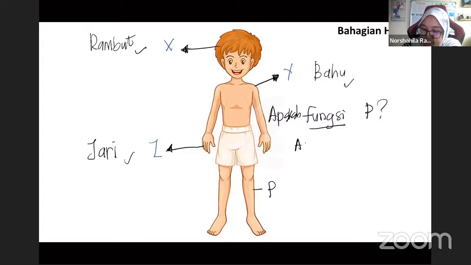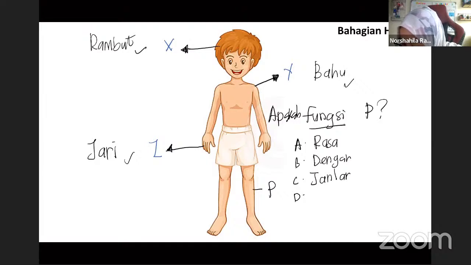They will give here A, B, C, D. Sorry, I labeled it wrong.